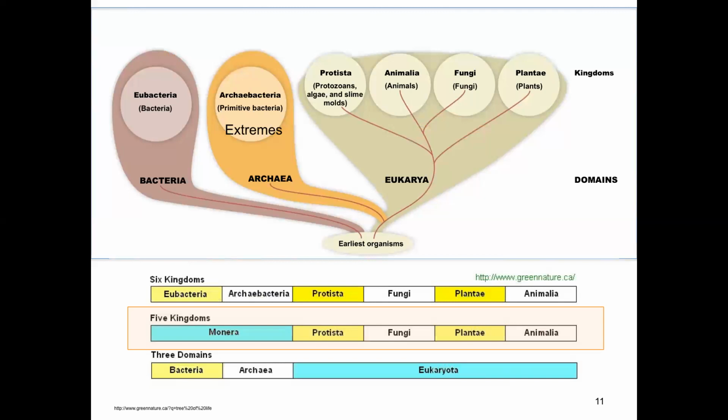They live in these extreme environments, and they have unique physiologies to allow them to do that. So they live in really, really salty environments, really super cold environments, or super hot environments, or environments that usually aren't conducive to life. So they were separated out from the eubacteria.